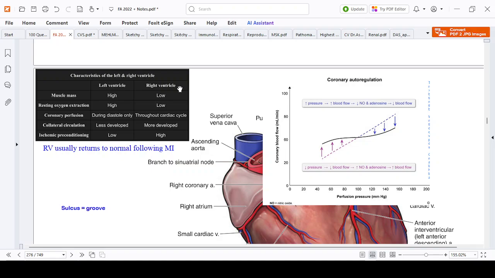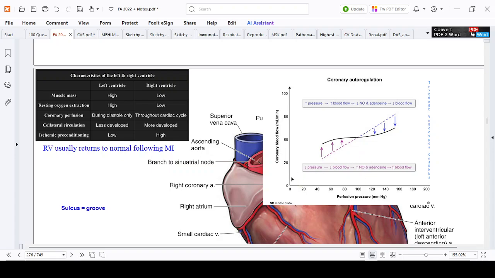Ischemic preconditioning. Remember, ischemic preconditioning is a condition in which if you decrease the blood flow to the myocardium, then this phenomenon will start occurring. And ischemic preconditioning is more on the right side compared to the left side of the heart. So overall, this diagram is about the autoregulation of the heart.